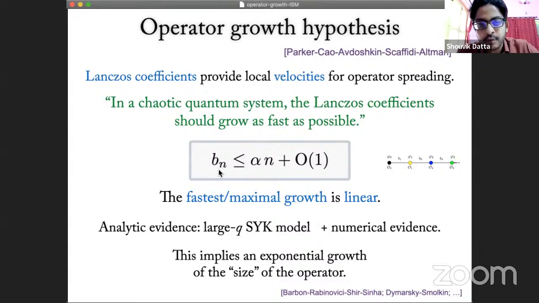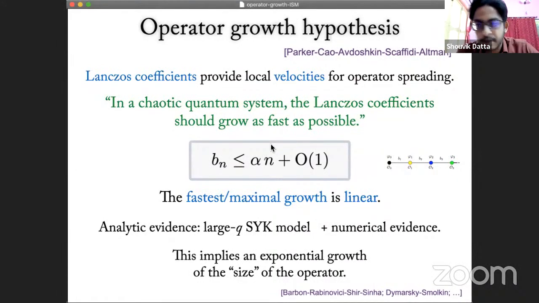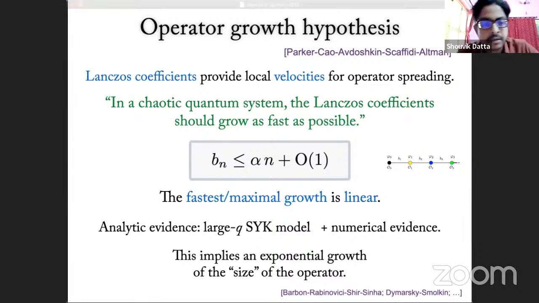So these Lanczos coefficients are upper bounded, the growth is upper bounded, and it has to be linear. This has the same flavor as the Bieberbach conjecture, which we heard about on the first day. Even the notation looks very similar, but I don't know whether there is a relation. So the fastest growth is linear, and there's analytic evidence in favor of this. This is related to the question which Suresh just asked.